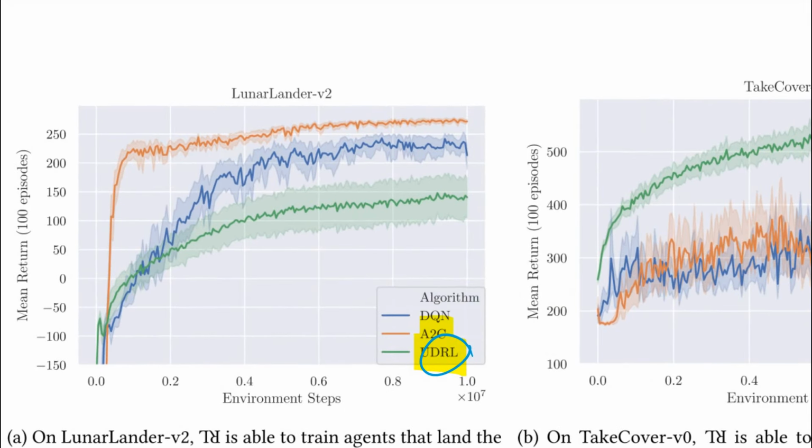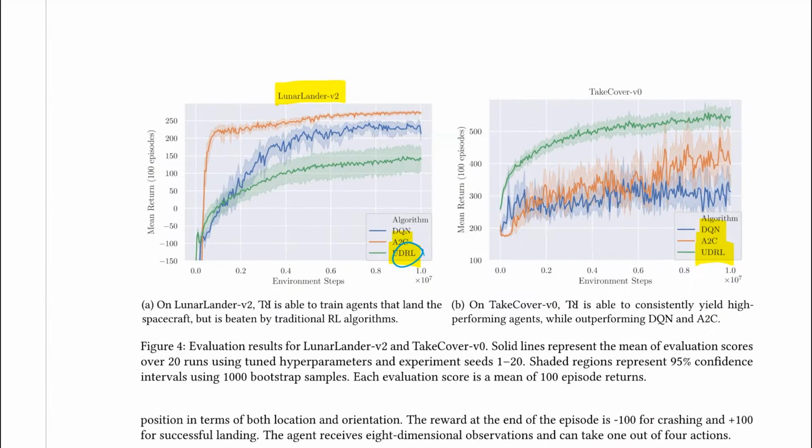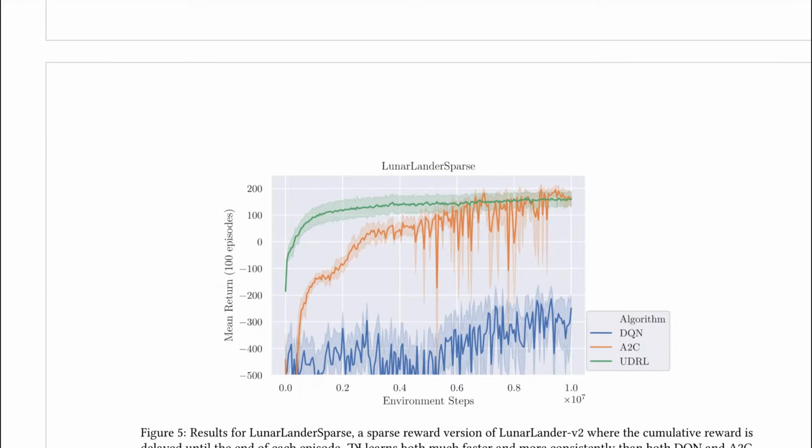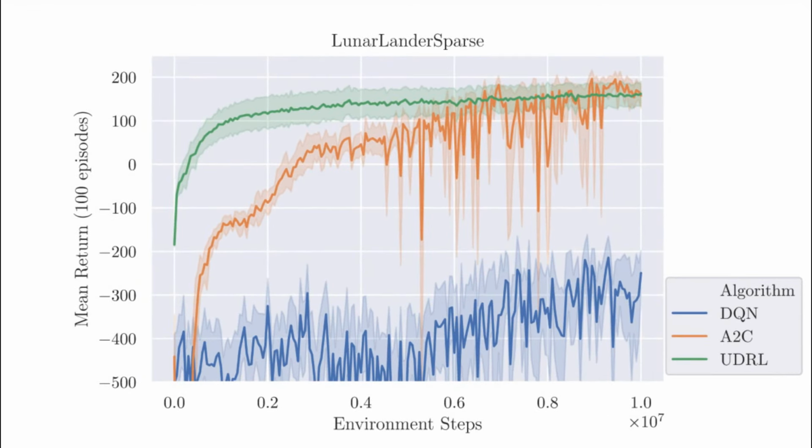And what I like here is they took the lunar lander, in which basically at every time step you get a reward, and they hypothesized, okay, this is really good for these classic algorithms that do reward maximization instead of learning this general behavior function. And what they did is they modified the game such that all the reward is given at the end of the episode, and then you see that upside down RL will actually outperform the classic algorithms, where it's exactly the same game, you just get the reward at the end.